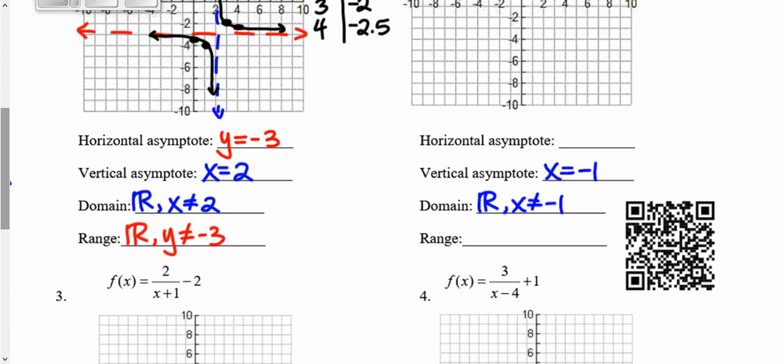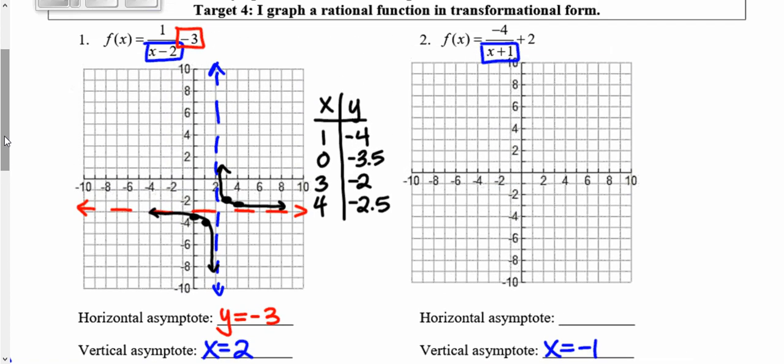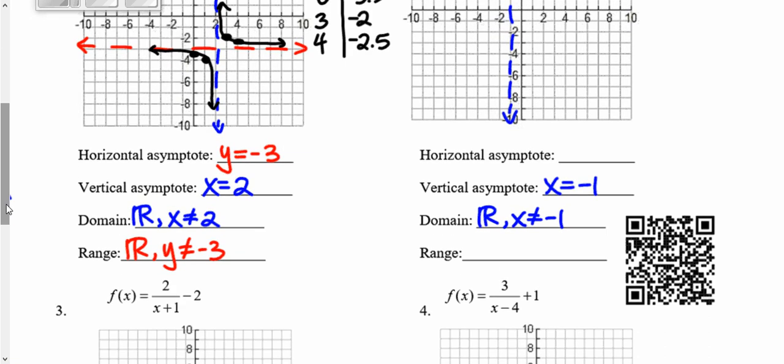And I'm going to go ahead and plot that. And then your horizontal asymptote is from this number at the end. It's always y equals. So y equals 2. And your range is all real numbers, except y can't equal 2.